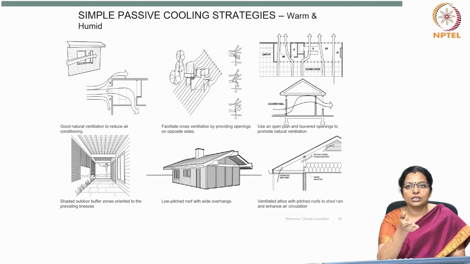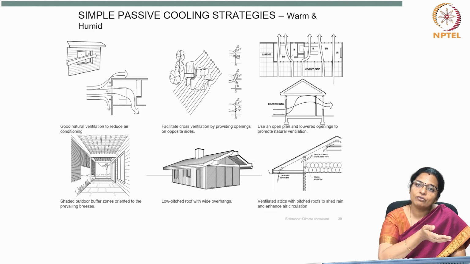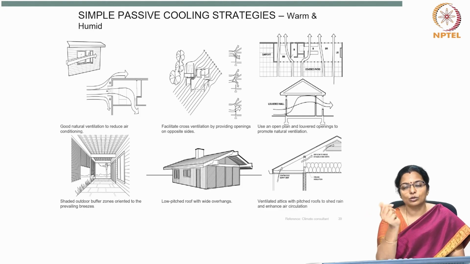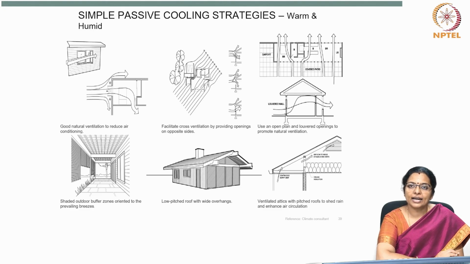Using louvers for openings will facilitate ventilation and will also direct the wind inside. Then using low pitched roof with wide overhangs is also an important category. Ventilated attics with pitched roofs to shed rain and enhance air circulation.